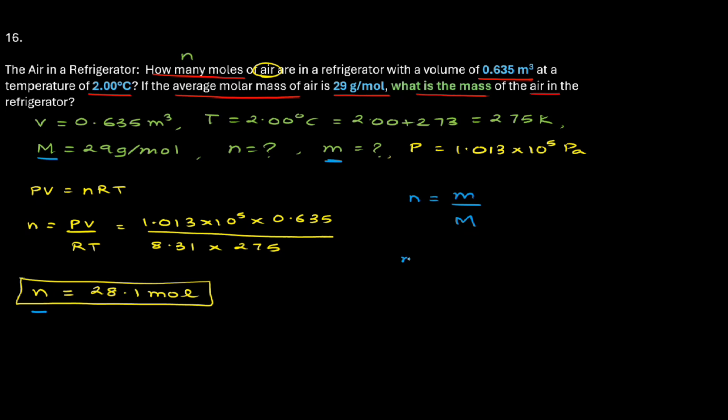So small m, the mass of the gas, equals N times capital M, where N is the number of moles and capital M is the molar mass. Now let's substitute. N, which is calculated, is 28.1. Molar mass of the gas is 29 gram per mole. And when you solve this, you get the mass of the air to be equal to 0.81 kilogram.